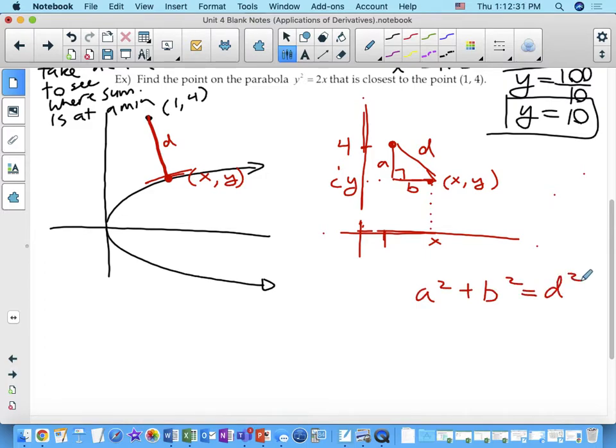Okay? I don't want A and B, though. I want x and y. So what I need to figure out is, what is B in terms of x and y? If this is 1 and this whole piece is x, how much is just this part? Because that's what B is.